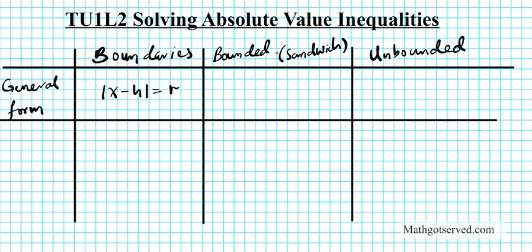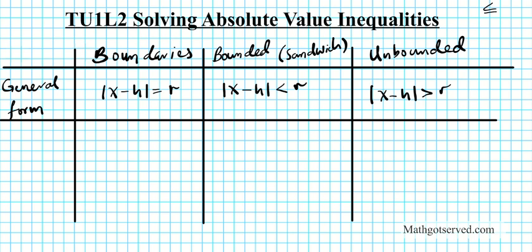For bounded regions, it's going to be absolute value of x minus h less than r. This less than basically means you're within the boundaries. And note, these two can be combined together, and then you have less than or equal to. So it's going to be the bounded region plus the boundaries. And then unbounded is going to be the flip of this. It's going to be the absolute value of x minus h greater than r.